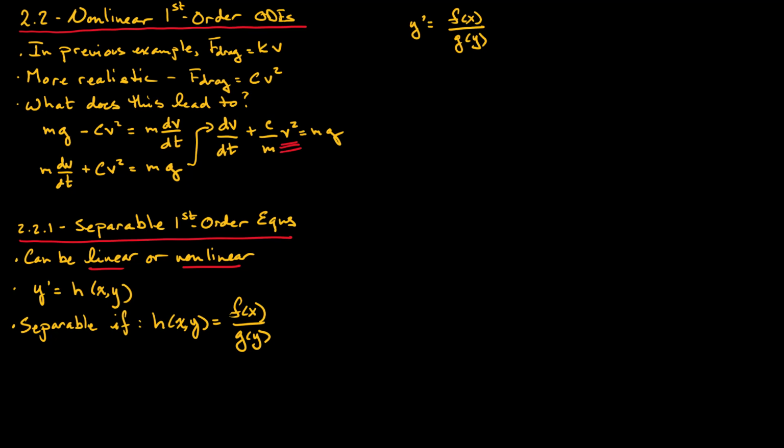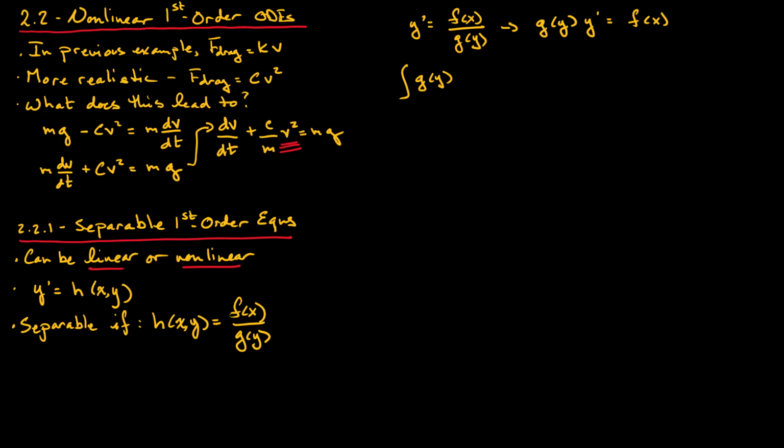So we can multiply both sides of the equation by g of y, which will give us g of y, y prime, is equal to f of x. So we can directly integrate this. Recall that this y prime is dy by dx.